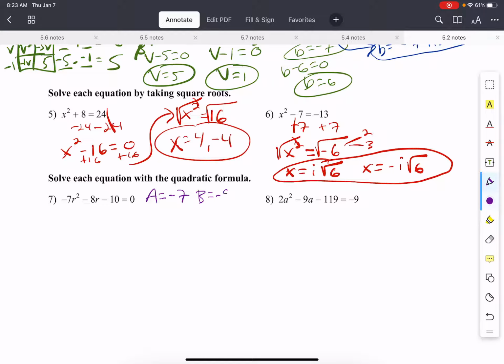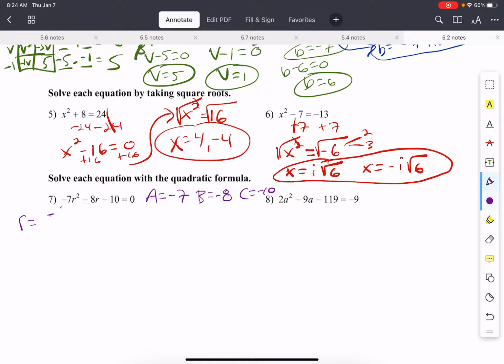Sometimes I forget and I have to double check which one is in front of the others. Okay, so now let's set up our quadratic formula.